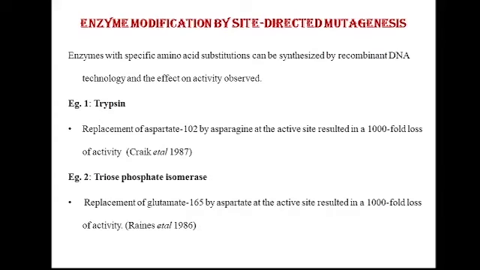The next method is enzyme modification by site-directed mutagenesis. Mutagenesis is the process of bringing about mutation, and site-directed mutagenesis is bringing about the mutation at a particular predetermined site, that is at a particular locus in the DNA, which is responsible for changing a particular amino acid in the protein.